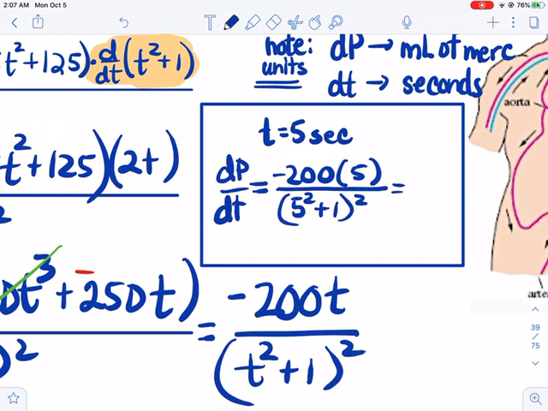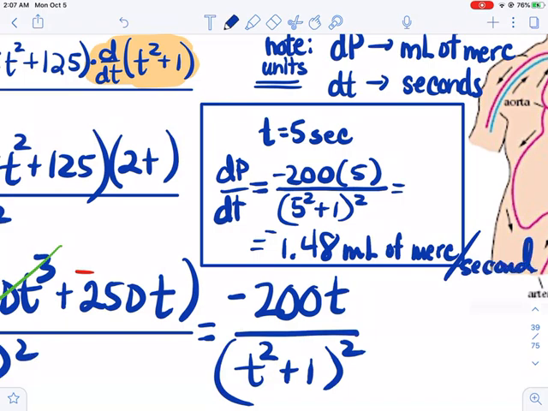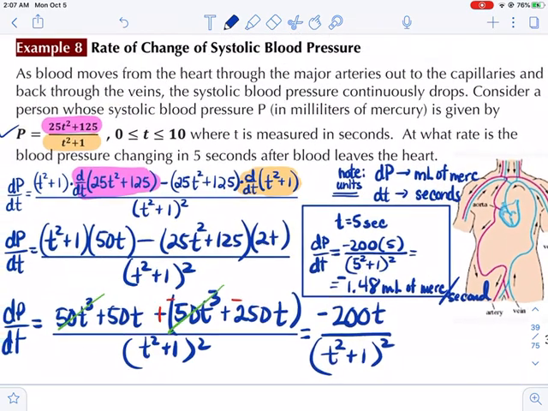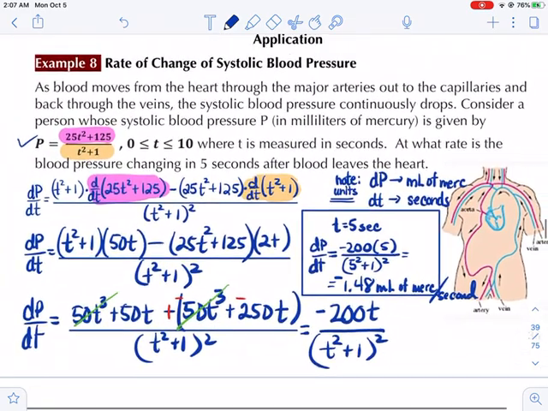And multiplying that out, that is equal to about negative 1.48 millimeters of mercury per second. So that'll tell you how fast the blood pressure is changing.